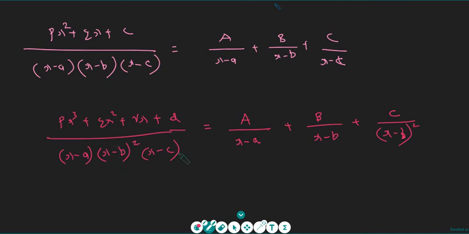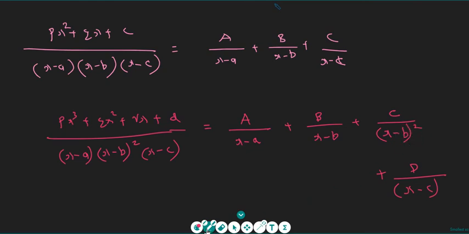Now I completed x minus b. Now x minus c is left over, so for that I have to give another constant. All the constants should be different letters. But you won't get this kind of challenging questions at CBSE level. You can just simply know about it. Now you understood, right?